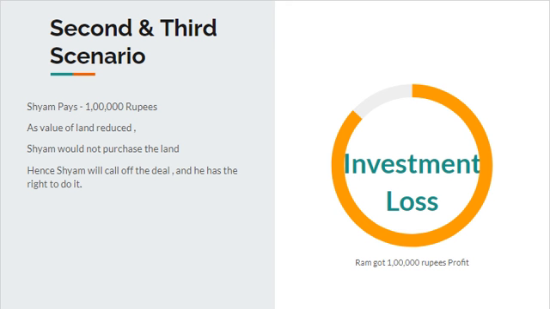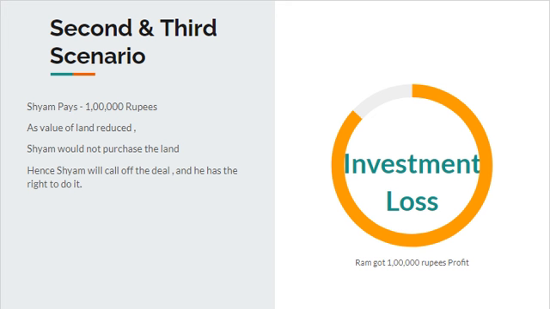The seller cannot say, you had the deal for 5 lakh rupees, now buy this land and give me 5 lakh rupees. No, the buyer has paid the premium for the deal. Here he is in a loss of 1 lakh rupees. Shyam paid the 1 lakh as upfront fees. So Ram is in profit here and Shyam is not.